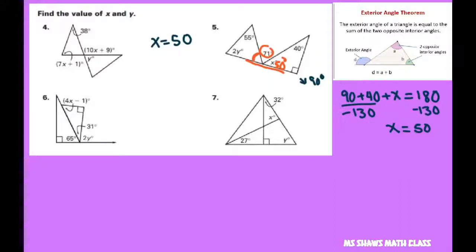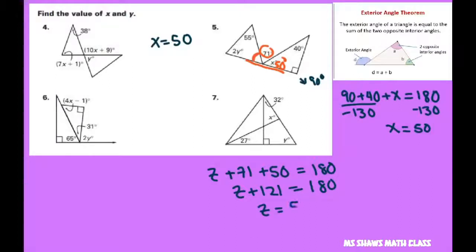So we'll have z plus 71 plus 50 should equal 180. So 71 plus 50 equals 121. Subtract that from 180, and you get z is 59. I'll put that in there. This is 59.